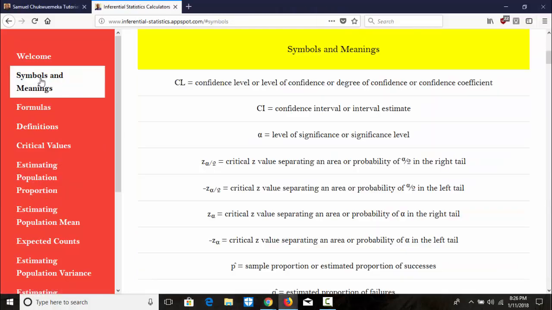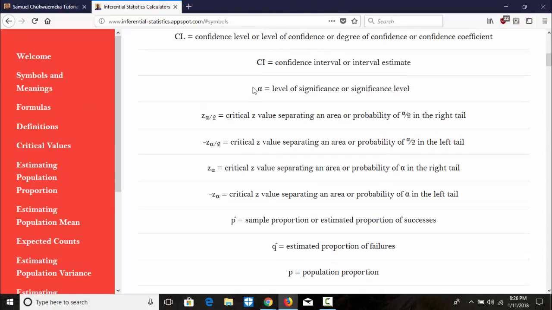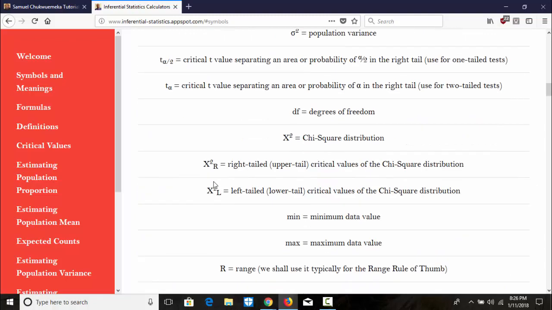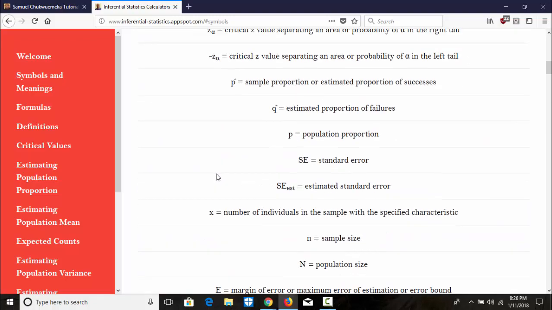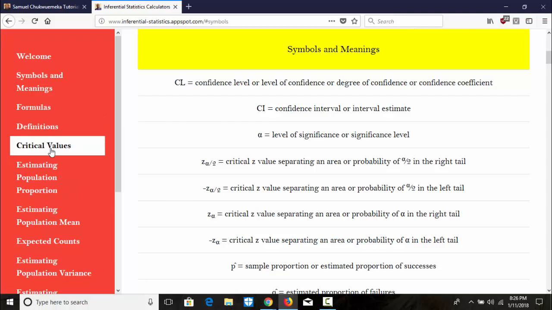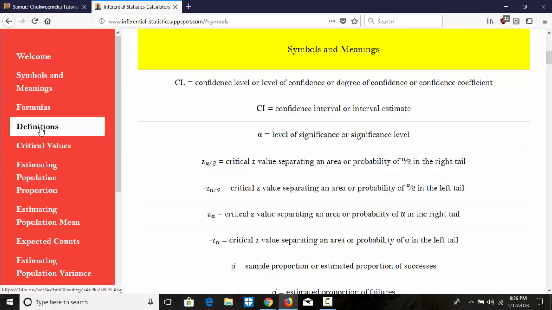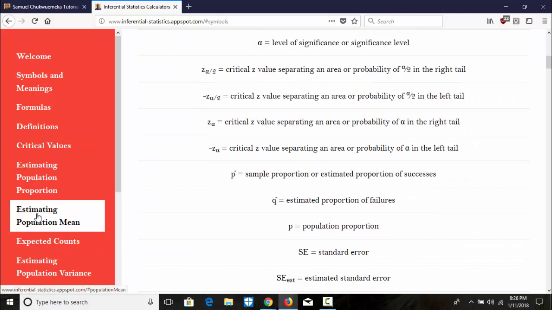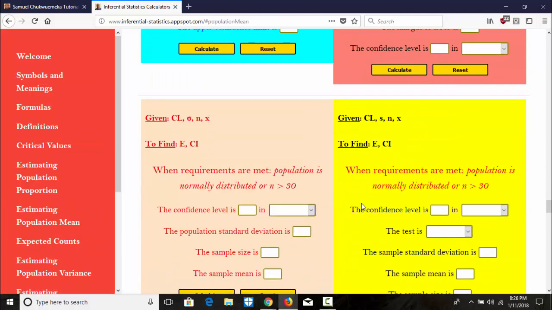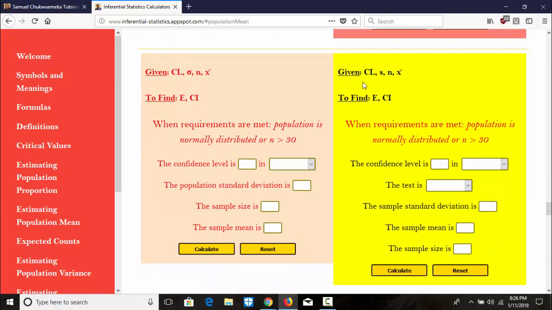If you look at symbols and meanings, you see all these, how I explained it here. It's important you read the notes, read the definitions, look at the formulas, very important. So for estimating population mean, we look at what we were given, and we need to construct a confidence interval.